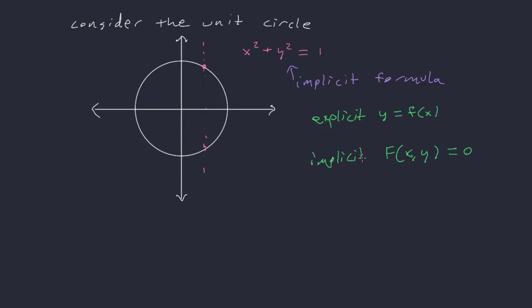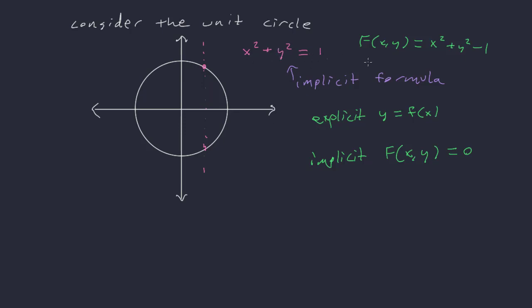So that means y can be part of the formula as well, as y squared, x squared, y cubed, etc. So in this particular case, our capital F of x, y would be x squared plus y squared minus 1, because we're setting it equal to 0 to be an implicit formula.